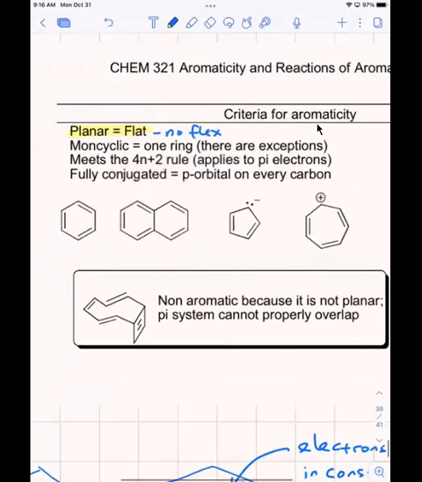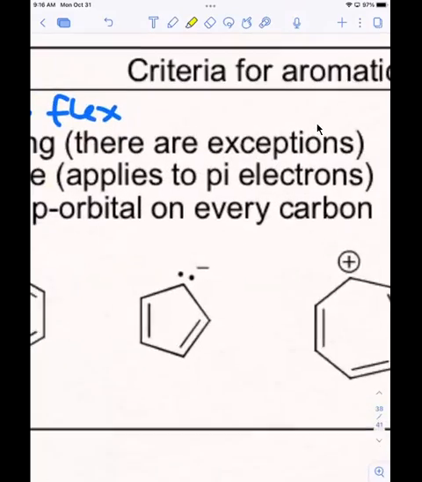That matters, because if it's not planar, then one of the rules, being fully conjugated, is not going to be met. We talked about this before, and I'll talk about why that matters in a second. If it's planar, that means that all your orbitals can properly overlap.